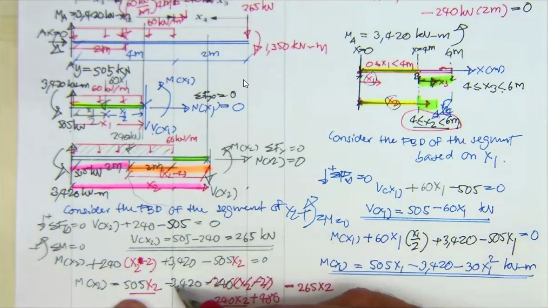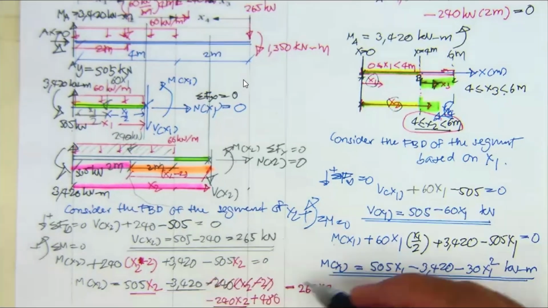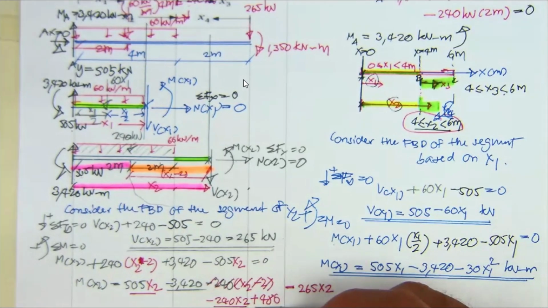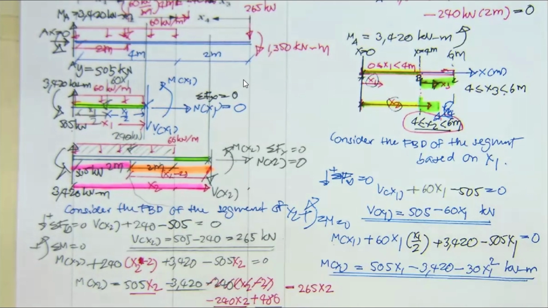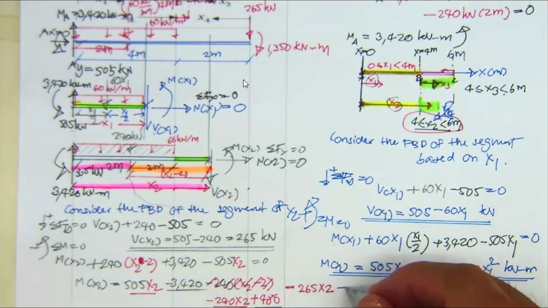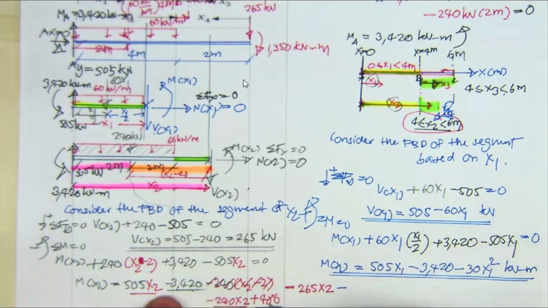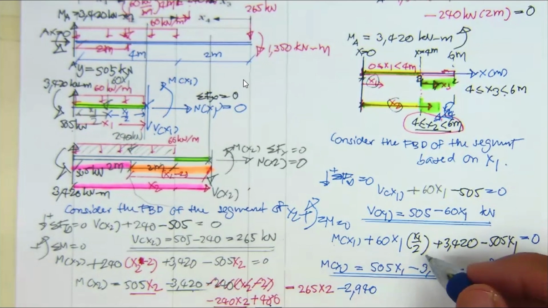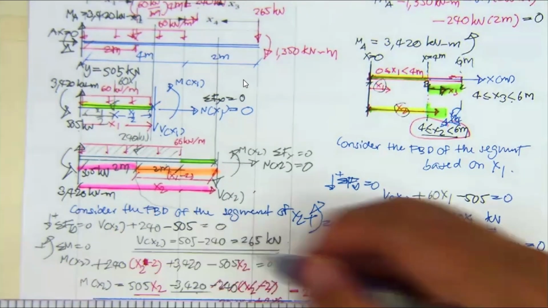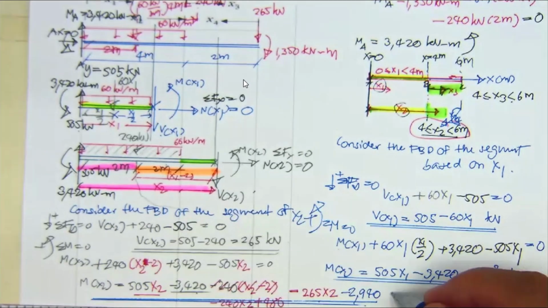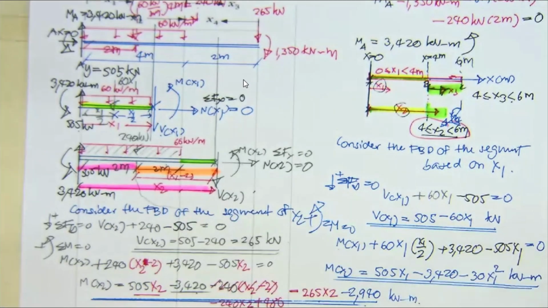Then minus 3420, plus 480. So you should have this one minus this one plus this one minus 2940. So this is going to be M sub x2 in kilonewton meter.